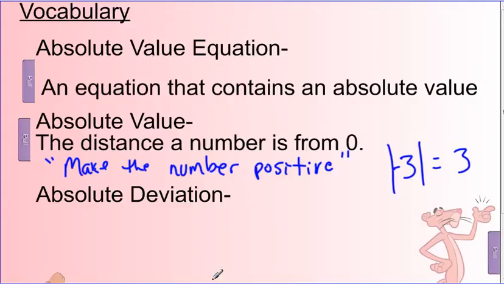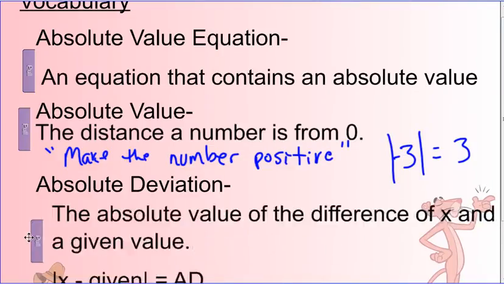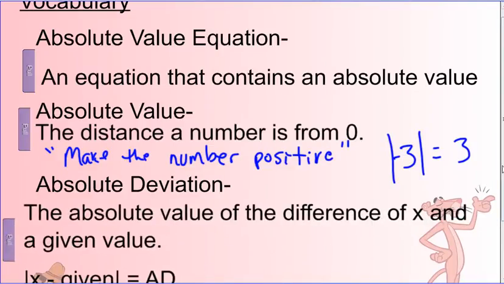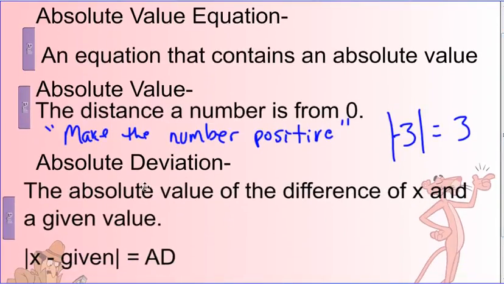And the final vocab word here is absolute deviation. The absolute deviation of x and a given value. So they're always going to say, okay, the deviation is 5 from a given value of 12.